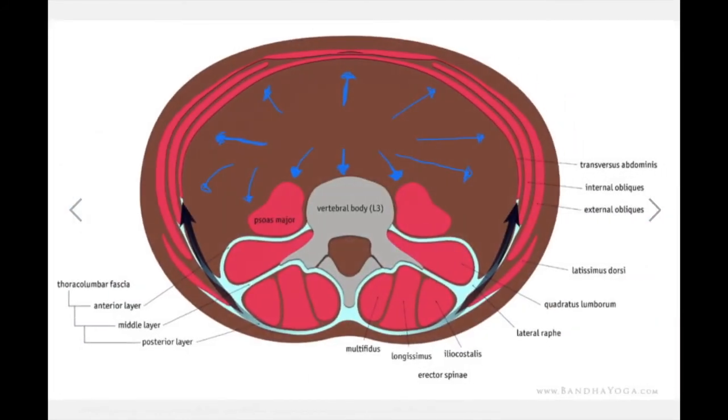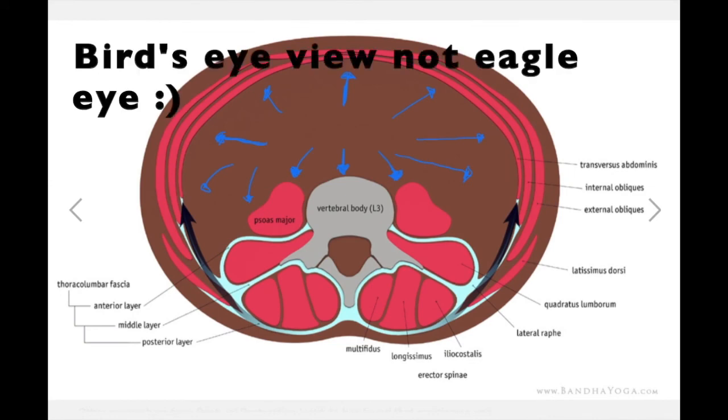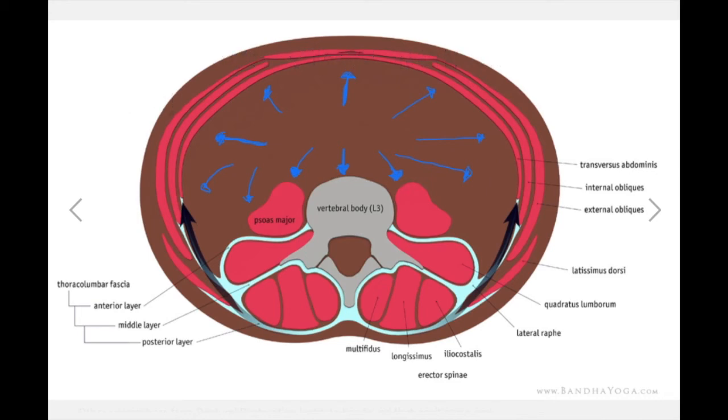This picture is an eagle-eye view of our abdominal cavity, and the blue arrows represent the hydrostatic pressure directed outward. As you can see, the pressure directed toward the spine has an important role in stabilizing the spine, especially during activity that creates extensor stress to the spine, such as lifting a heavy weight.